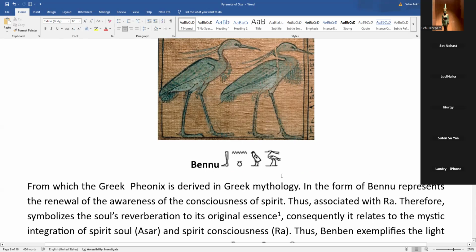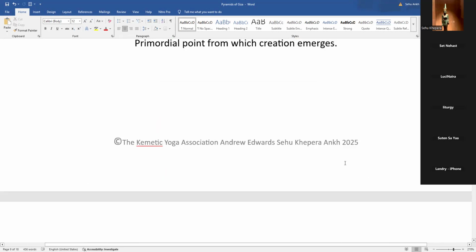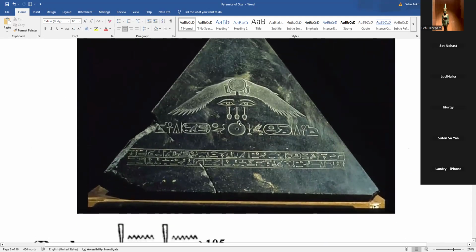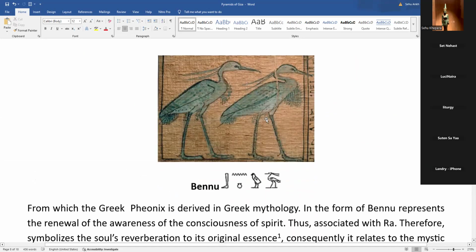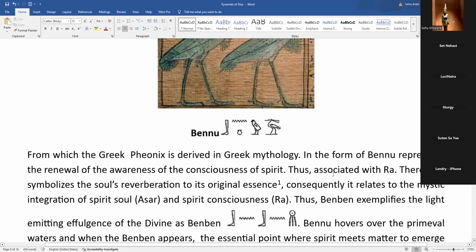So the Bennu represents the renewal of awareness of the consciousness of spirit. And that's what these symbols represent, these two eyes with the Neferu. It represents the conscious awareness of spirit consciousness, and therefore is associated with Ra.